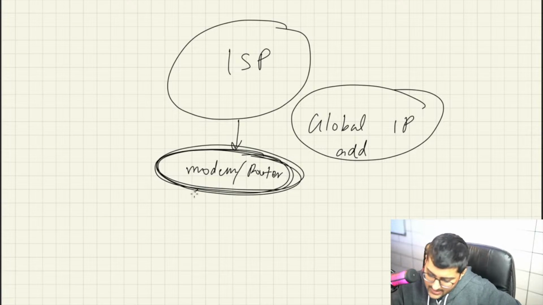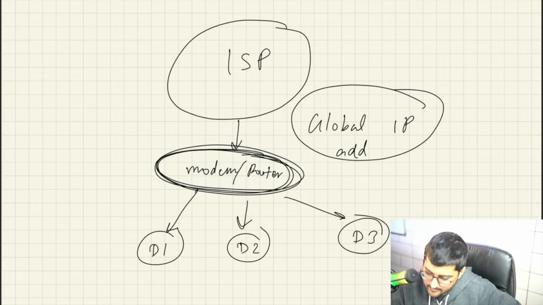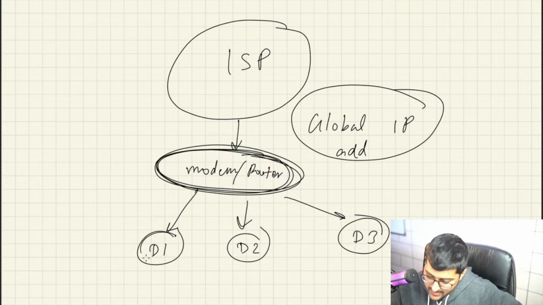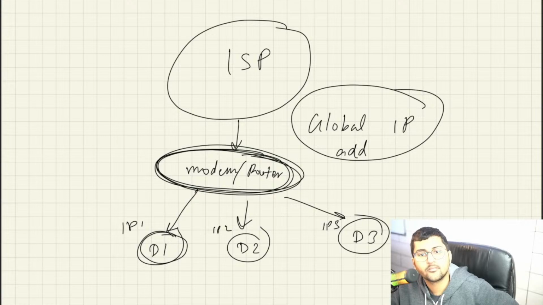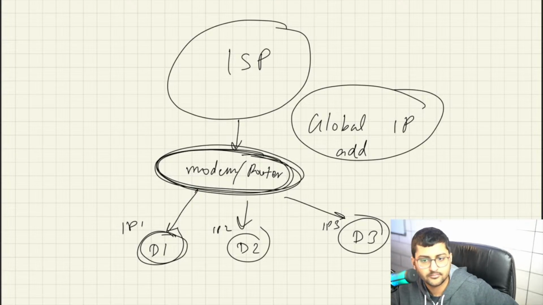Inside this modem, device 1 may be connected, device 2 may be connected, and device 3 may be connected. So the modem will give IP addresses to these as well. These are known as local IP addresses.